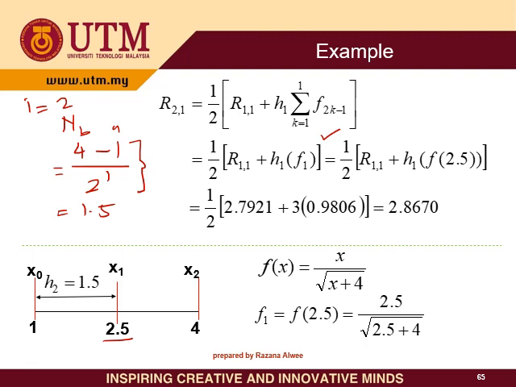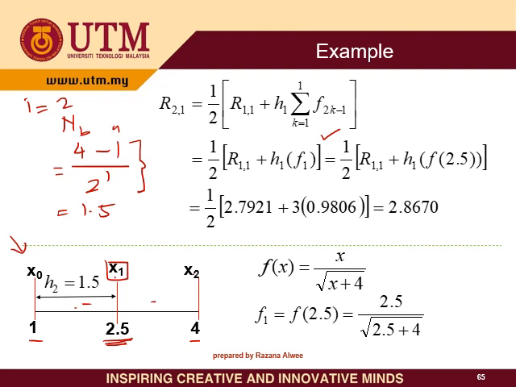So when you draw your I2 here, the drawing, you will see this is your x0, and this is your, not x1, x2 now. The x1 is the middle, so x0, x1, and x2, this is your 2n. So this is the value of your x1, which is 2.5. It is not 4 anymore.